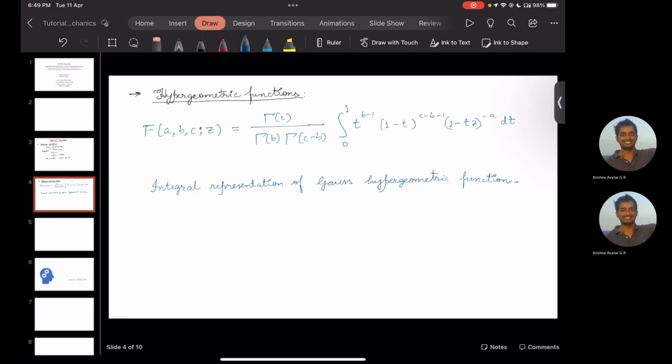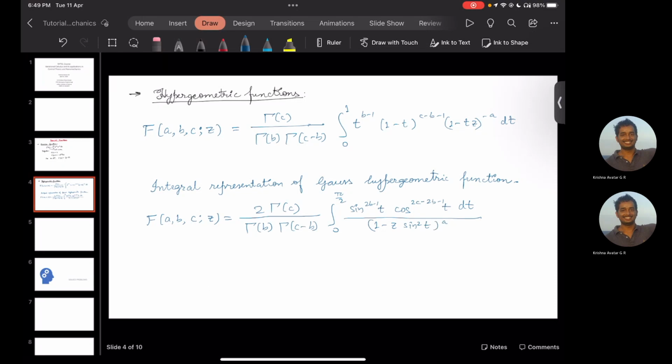So in this case, we denote a function f of a, b, c, z equal to 2 gamma of c divided by gamma of b times gamma of c minus b, an integral from 0 to pi by 2 of sine to the power 2b minus 1, and cosine to the power 2c minus 2b minus 1 t, dt, divided by 1 minus z sine squared t to the power a.